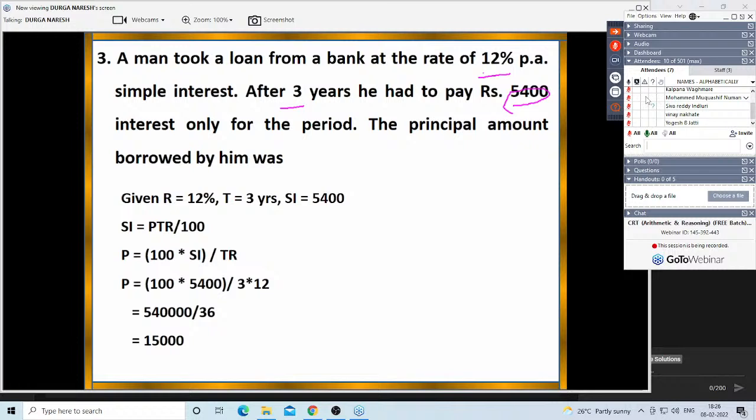So principal value is 15,000 rupees. We need more patience to read the problem clearly. Spend some time to read the problem multiple times to understand what exactly they have given and what we have to find. Focus on the concept.